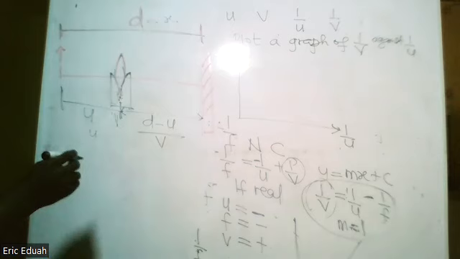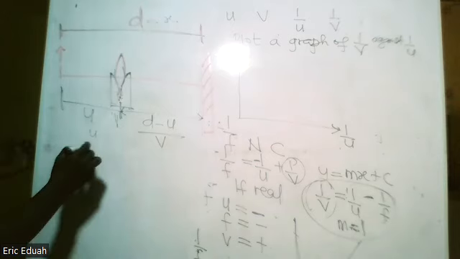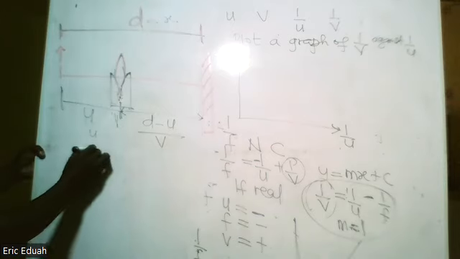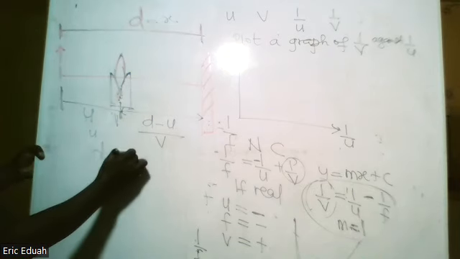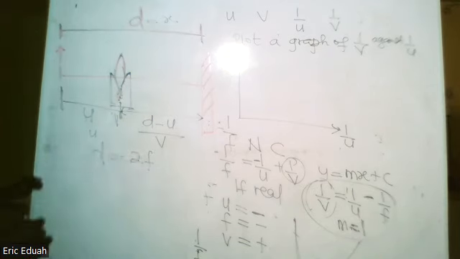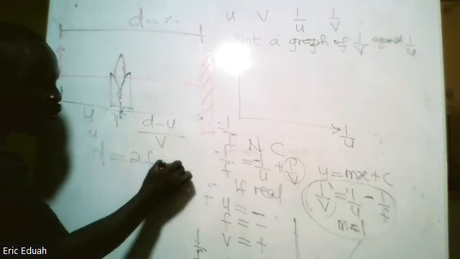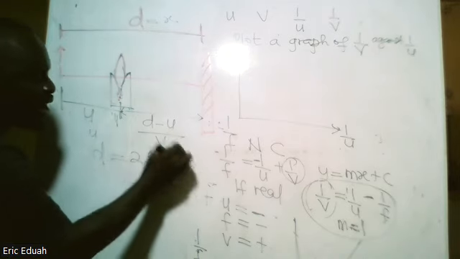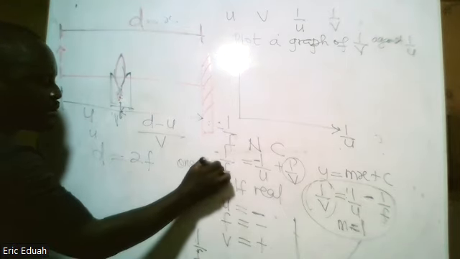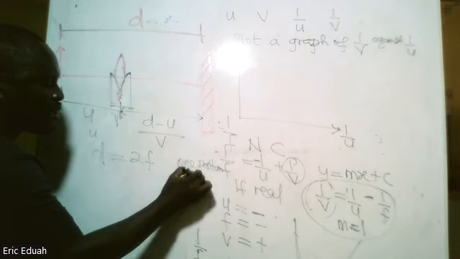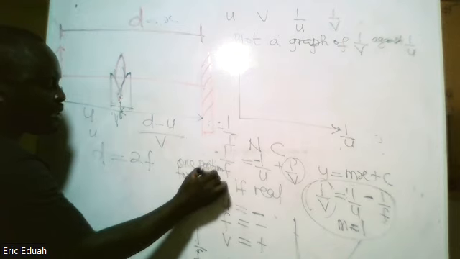Now, the conditions pertaining to this: if you have D, the displacement between the object and the screen, being equal to 4 times the focal length, you only have one position for a clear image.